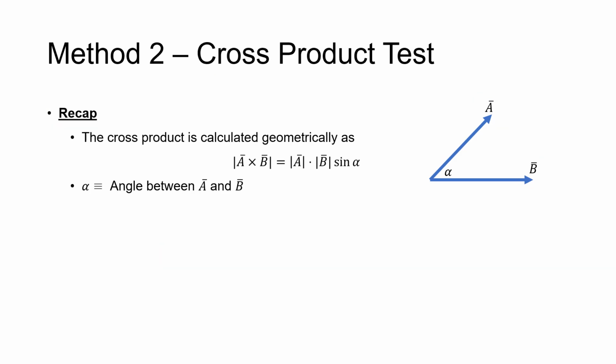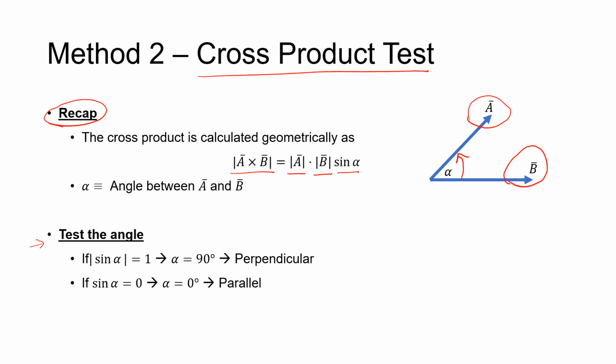The second method is the cross product test. Let's first recap the cross product. If we have again two vectors a and b with angle alpha between them, the magnitude of the cross product can be calculated as magnitude a times magnitude b times sine alpha. Doing the angle test, we find that if sine alpha is equal to 1, the angle is 90 degrees, which means they are perpendicular.